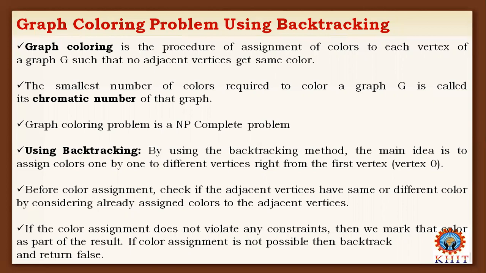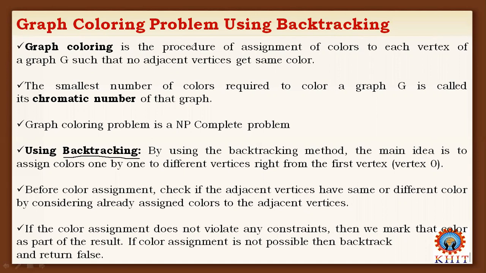Chromatic number means the smallest number of colors required to color the given graph. Hence, the graph coloring problem is considered an NP complete problem, meaning a non-polynomial complete problem.